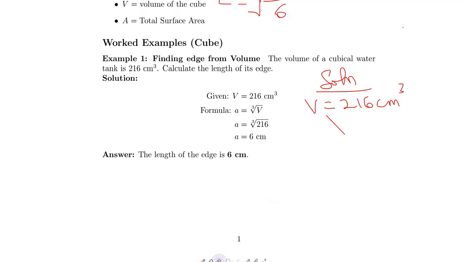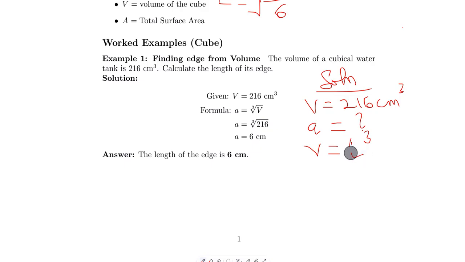So to find the length, what are you going to do? That means you want to check for your A. You are looking for A, and the formula is volume is equal to A raised to the power of 3, or you can say L. Let's use L since the question is saying the length.